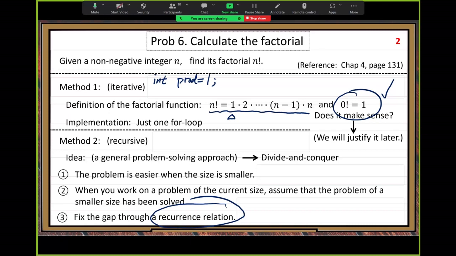So here we use this property, 1 times A equals A. That's the reason we set our initial value to 1. Then we use a for loop.